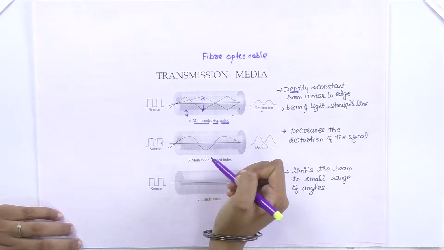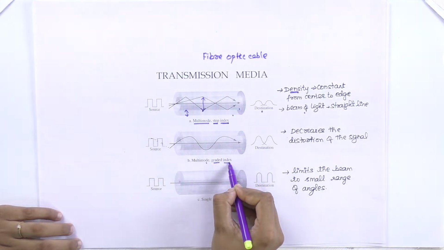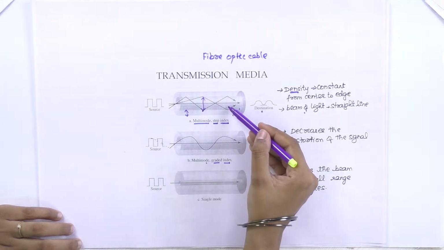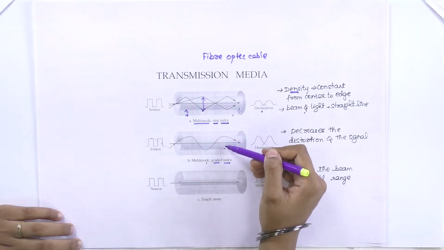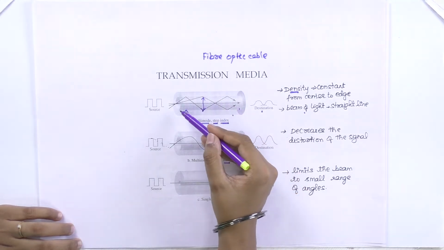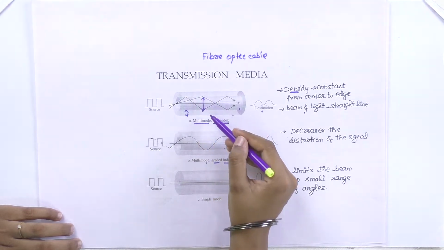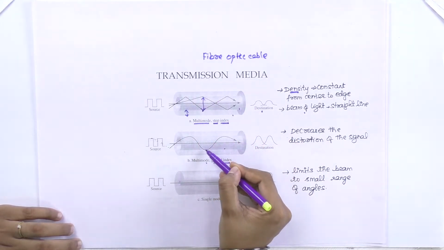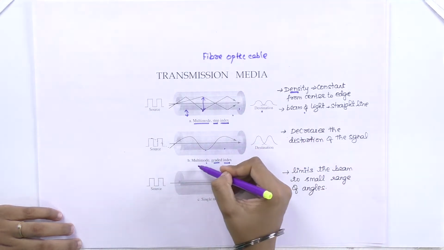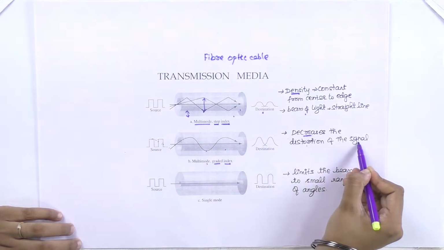The next category is multimode graded index. The same applies here, but there are a lot of refractions. The light beam doesn't travel straight and it refracts. Here you don't have such distortions, so multimode graded index decreases the distortion of the signal.